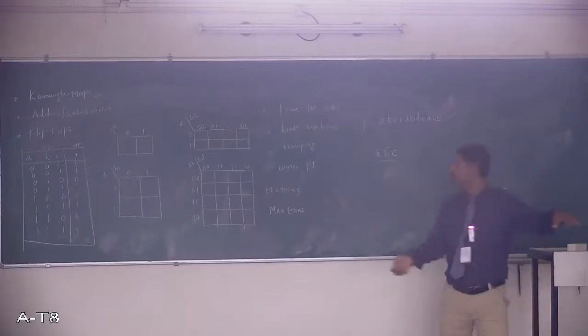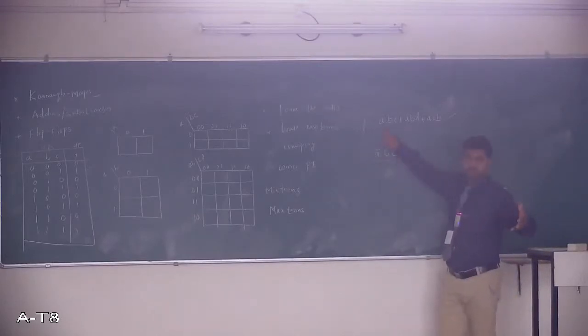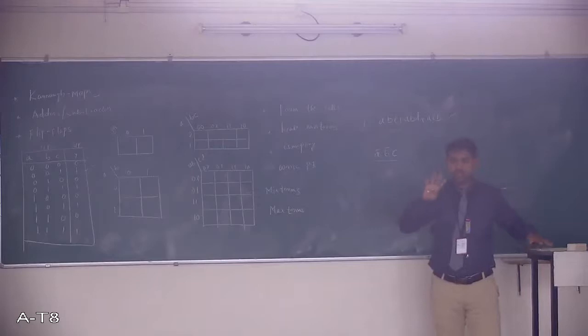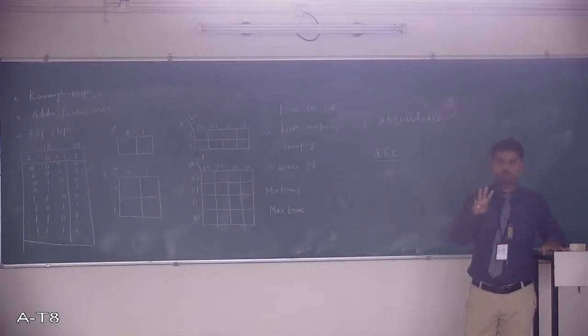Here A bar is there, complement form, so the variable is A. B and C are there. In this expression D is there. Here ACB is there. So total number of inputs are 4. All unique literals, all unique variables, you should take.